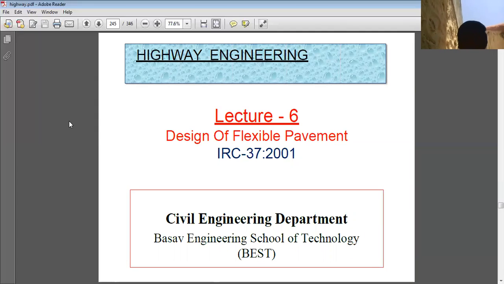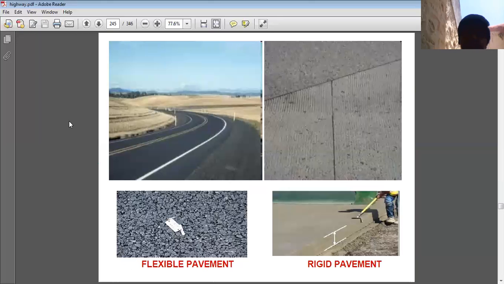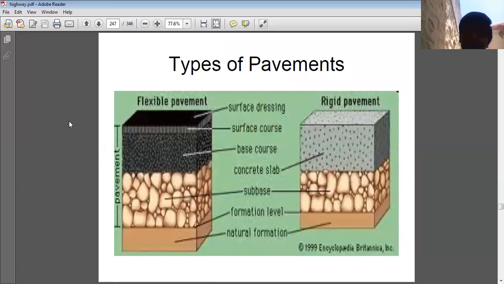Next part is design of flexible pavement. These are the typical diagrams of flexible and rigid pavements. Types of pavements. See, rigid pavement has just 3 layers, but flexible pavement contains a lot of layers. Surface dressing, that is nothing but a dampener.